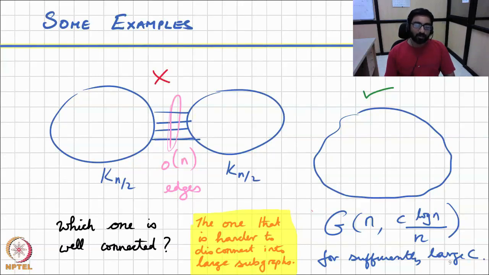You really need to remove all the edges in the middle before you can disconnect the graph. So there's a subtlety here: even though it's easy to disconnect the graph on the right, it's still considered well connected because it's hard to disconnect the graph so that the two subgraphs are large.